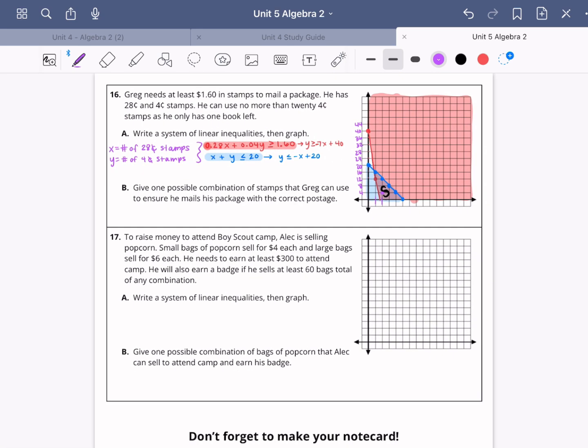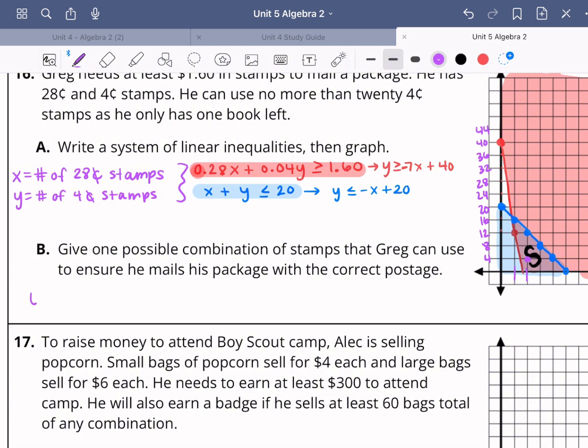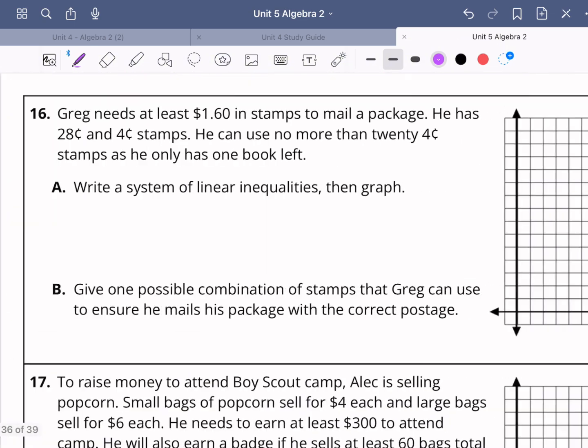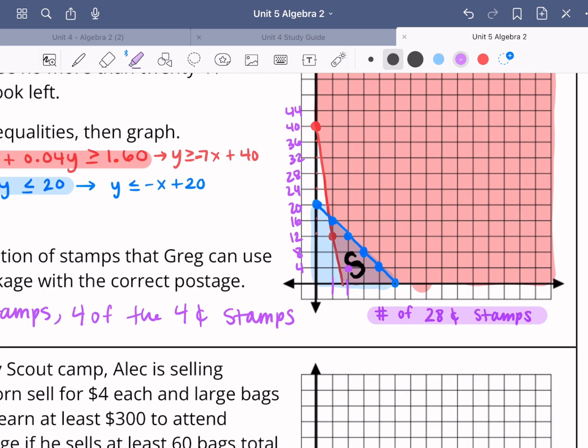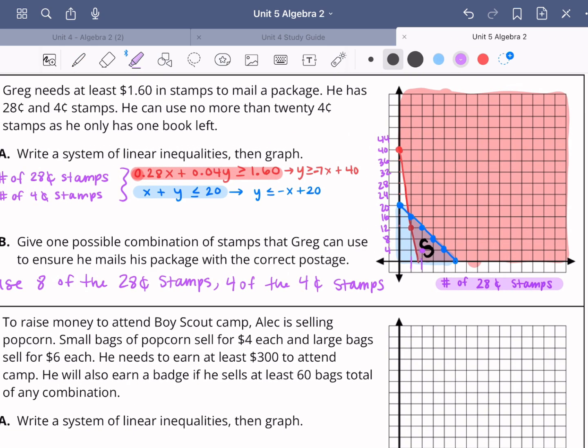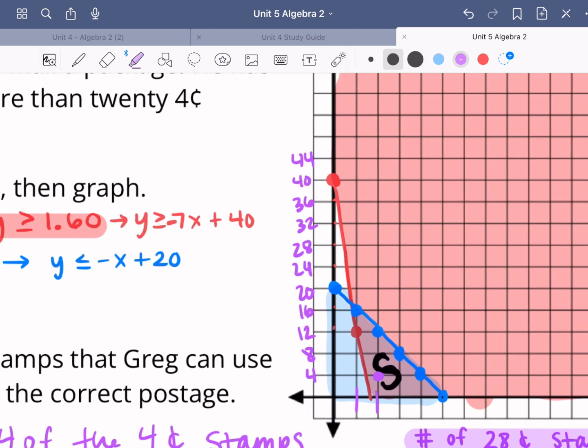So one possible combination would be for him to use 8 of the 28-cent stamps, and I think we said 4 of the 4-cent stamps. So remember, my x-axis here was the number of 28-cent stamps, and my y-axis was the number of 4-cent stamps.